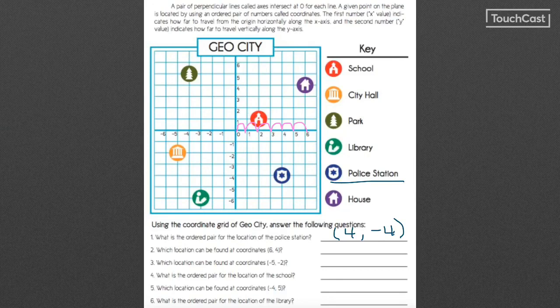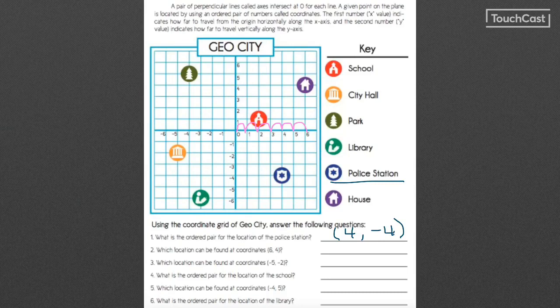Next, we want to figure out what location can be found at the coordinate 6, 4. Now 6 and 4 are both positive numbers, so that means it needs to be in what quadrant? If you said quadrant 1, give yourself a round of applause. Those are both positive numbers, which means we're going to be focused in quadrant 1. In quadrant 1, we have 2 different locations.